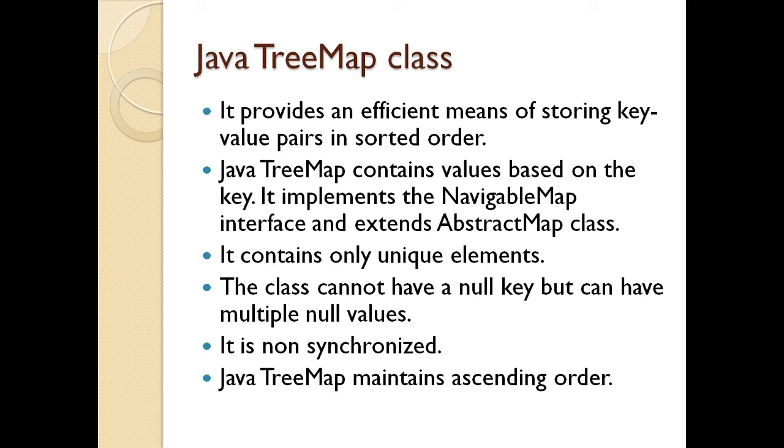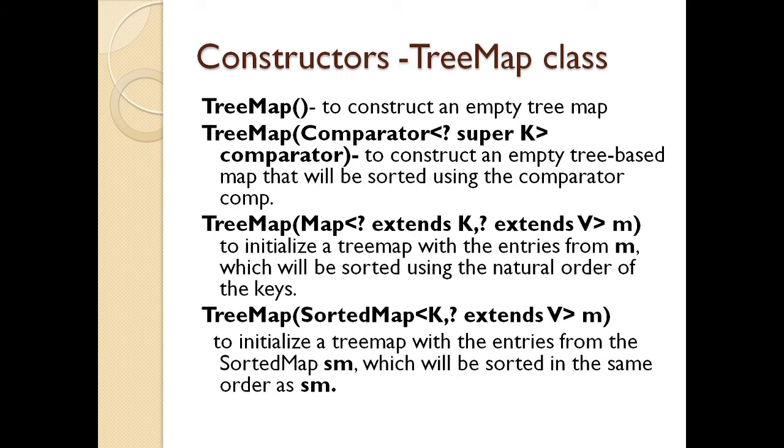To continue with the constructors for the TreeMap class, TreeMap() is the default which will create an empty tree map. I can even create a TreeMap with a comparator, TreeMap(Comparator<? super K> comp). It constructs an empty tree-based map that will be sorted using the comparator comp. I have a constructor called TreeMap(Map<? extends K, ? extends V> m).